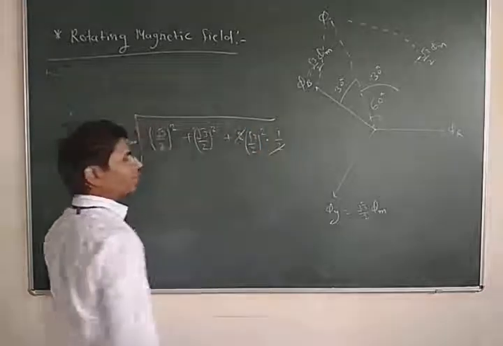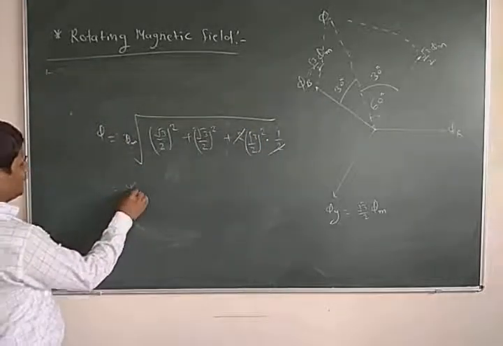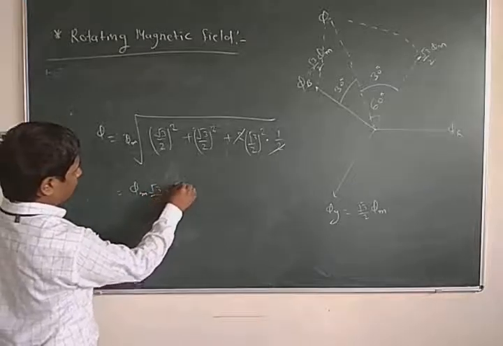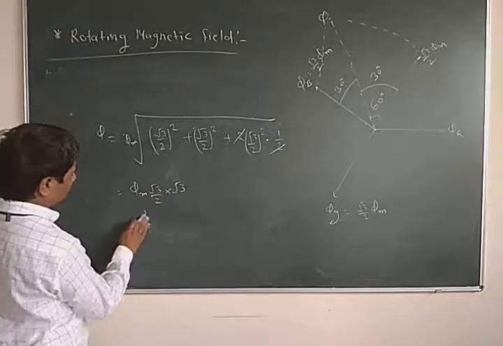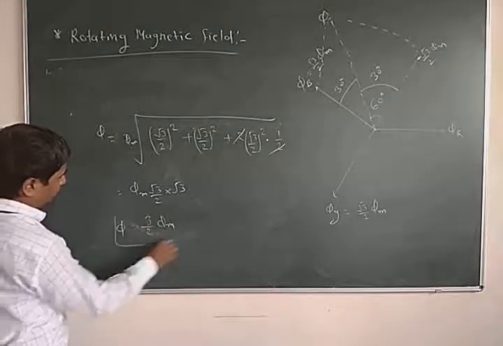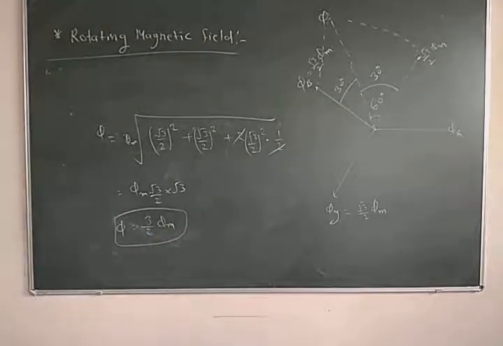The 1 by 2 cancels, and here we get phi m root 3 by 2 into root 3, so 3 by 2 of phi m. Both methods are correct. So here the air gap flux is 1.5 times the single pole flux.